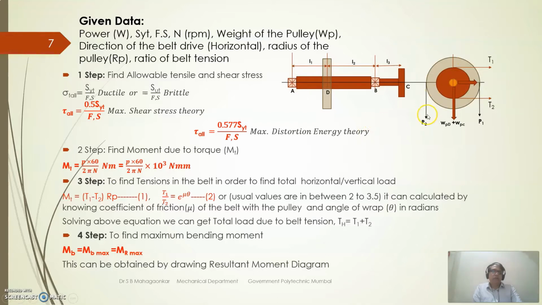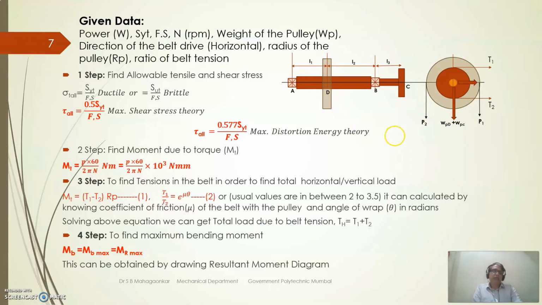Now here one more thing: P1 and P2 act at the pulley D, and it is vertical. So I can get P1 from the torque: MT is equal to (P1 minus P2) into RD, that is the radius of this pulley.